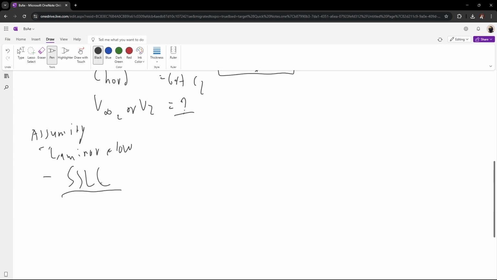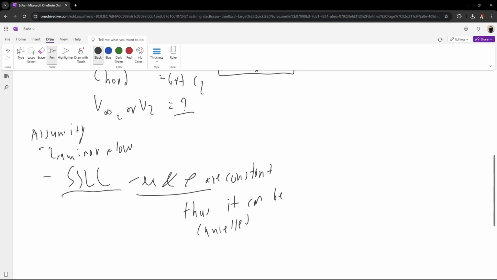However, do know that in standard sea level conditions, nu and density are constants. Thus, they can be cancelled if possible in the equations later on.